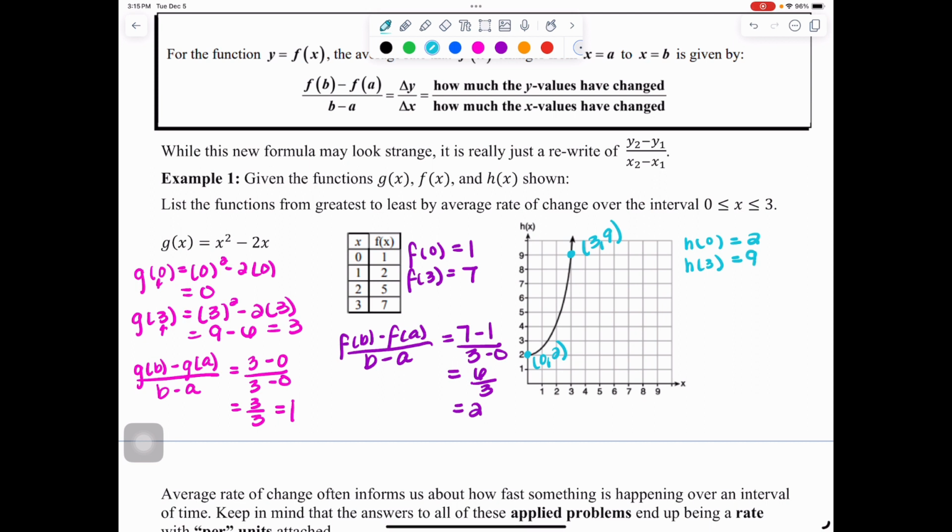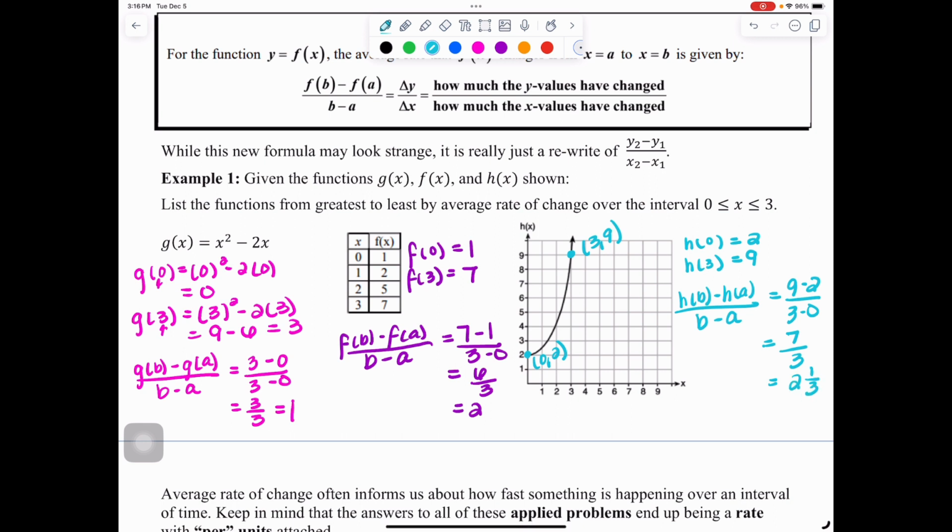So then we will do our new formula with h's. So h of b minus h of a over b minus a would be, h of b was 9, h of a was 2, and then b minus a would still be 3 minus 0. So 9 take away 2 is 7 over 3, which gives us 7/3, which you could leave it like that, or you can make that into 2 1/3.